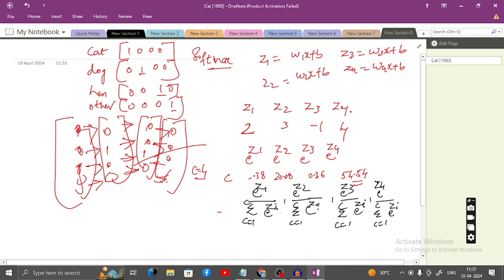Already Z1 value, e to the power of z1, I got 7.38. I assumed Z1 as 2, so e to the power of 2 is 7.38.